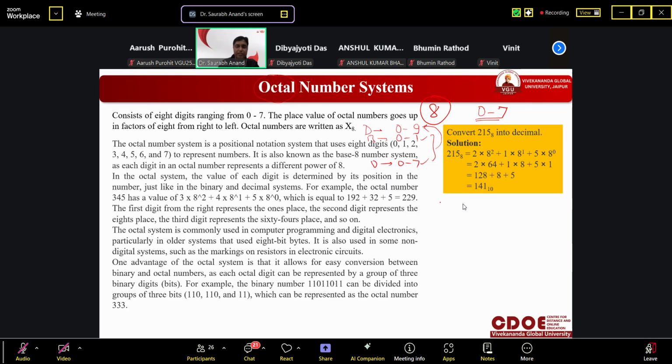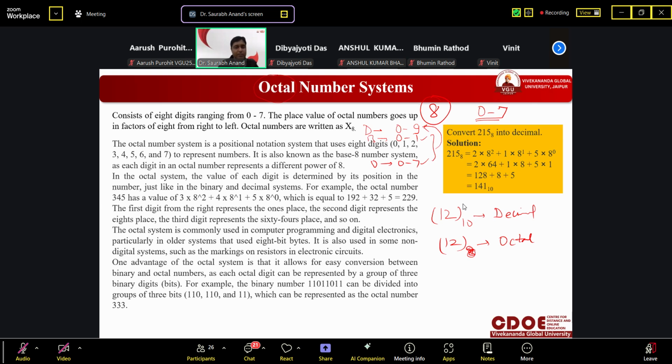If I write 10, then it is decimal. If I write 8, then it is octal. That is possible only if we write the radix value.